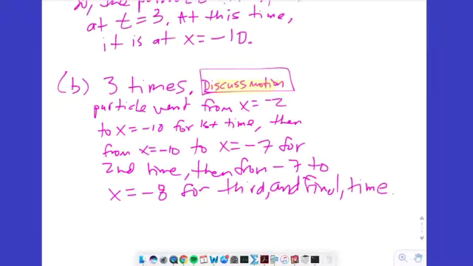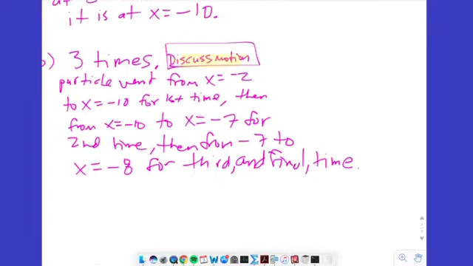There are other ways to do it that are actually more lengthy. You could say the velocity function is a continuous function, and the particle went from -2 to -10 monotonically. Therefore, by the IVT, blah, blah, blah, it had to equal -8 at least once on the interval, or just once on the interval, and then do that for every interval. So it could get pretty lengthy.